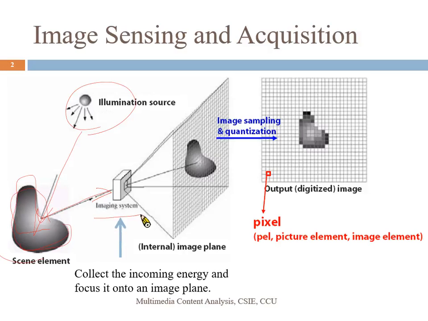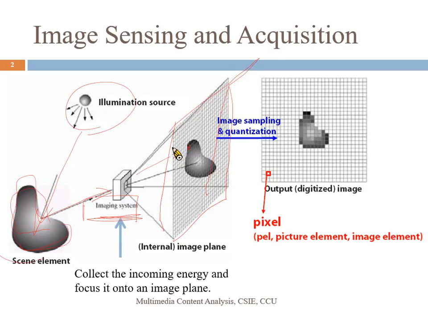For the imaging system, which is like our eyeball, our vision system, it collects the incoming energy and focuses it onto an image plane. In a digital camera, there is an array consisting of a grid of image sensors, and each image sensor can sense the intensity of the light.